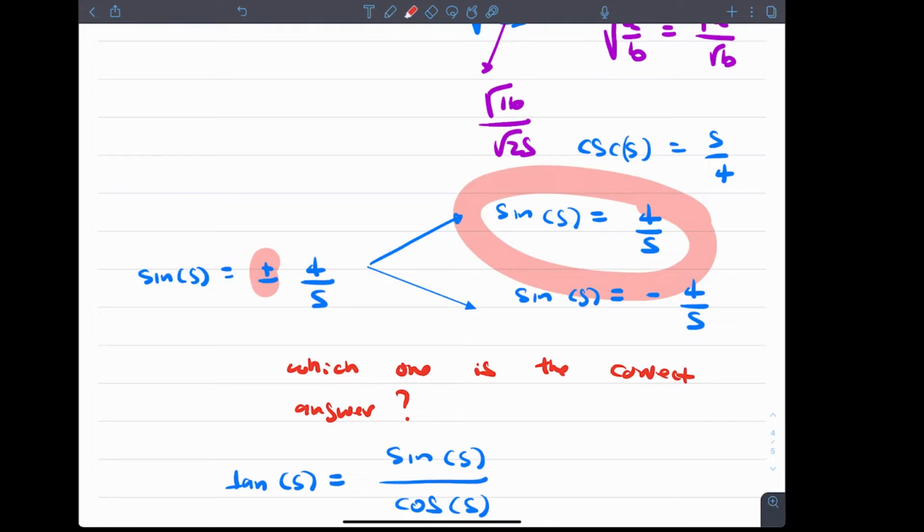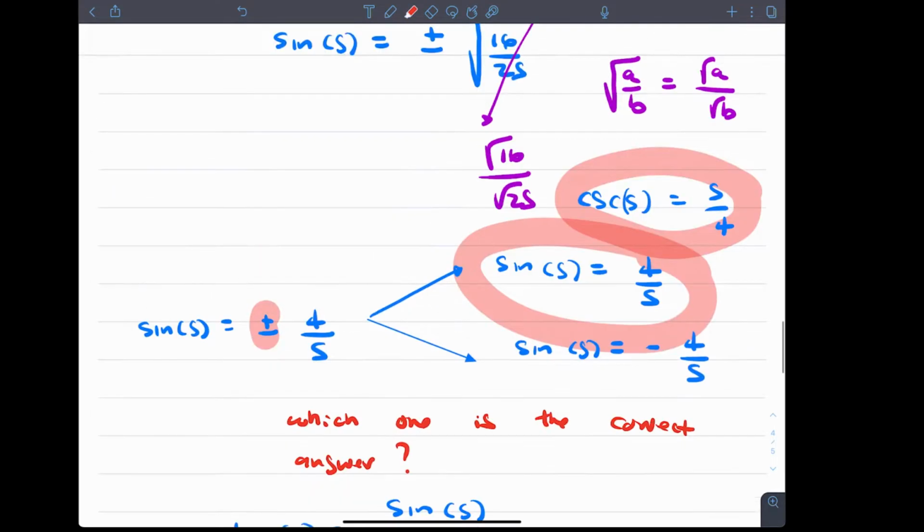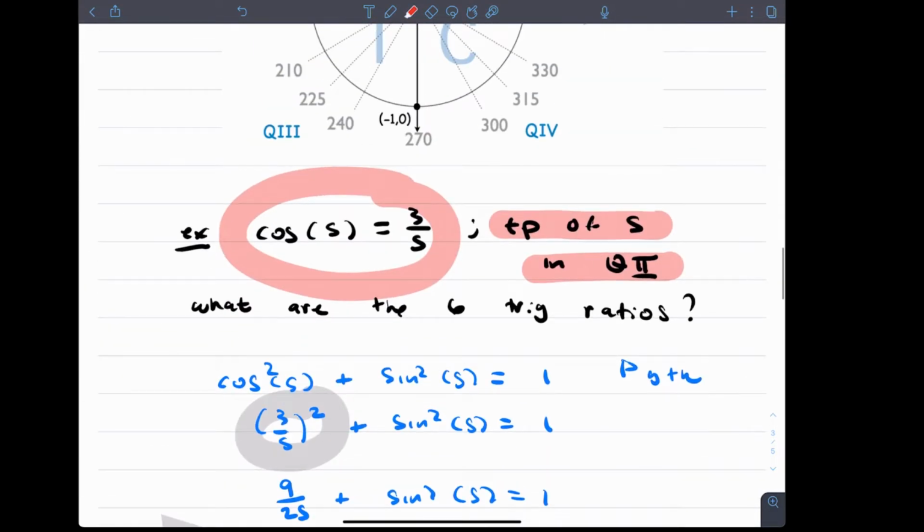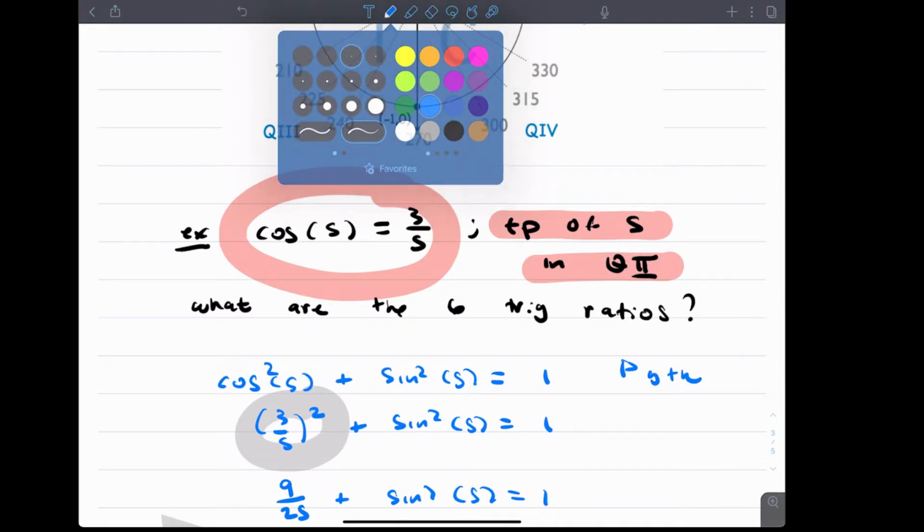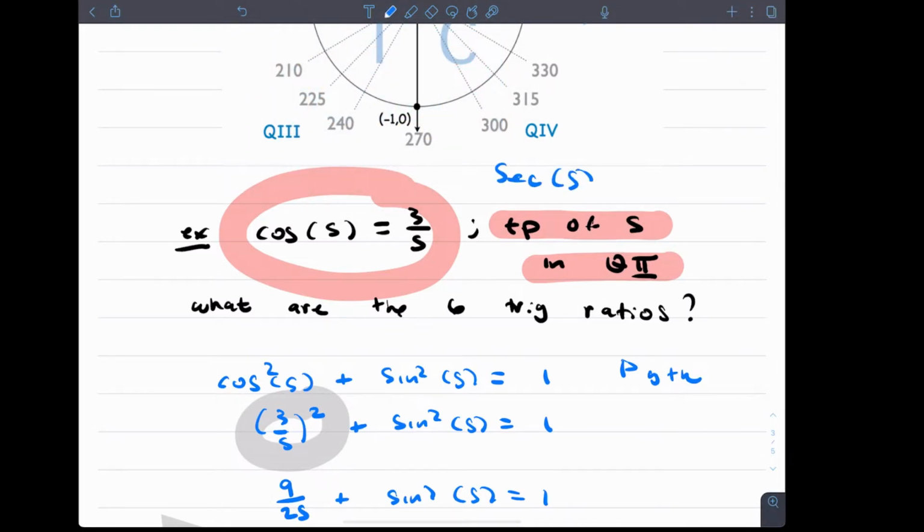What's the reciprocal of what they gave us, cosine? It's secant, and this is 5/3. So I know all of those definitions. Is that the 6 trig ratios, the 6 that you're talking about? Ladies and gentlemen, notice I make use of everything we've been talking about. Everything.